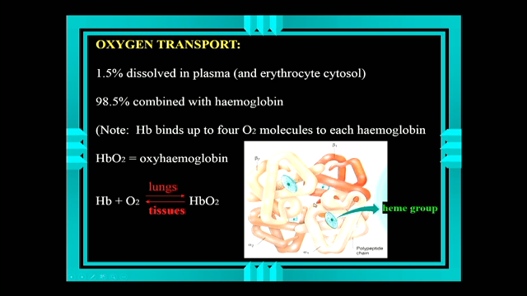Now each of those globin molecules has a heme group. And the heme groups are represented by these green discs attached to the globin. Okay, so 4 globin chains.